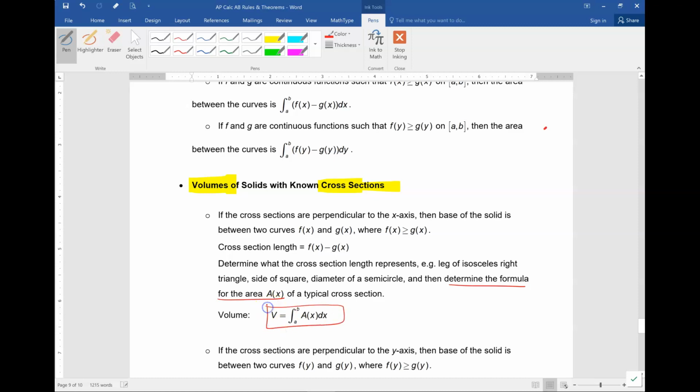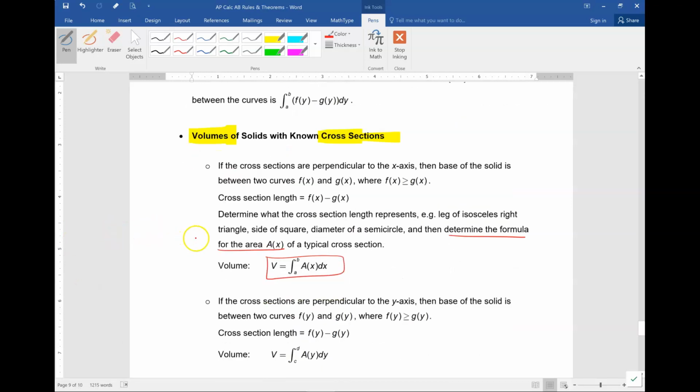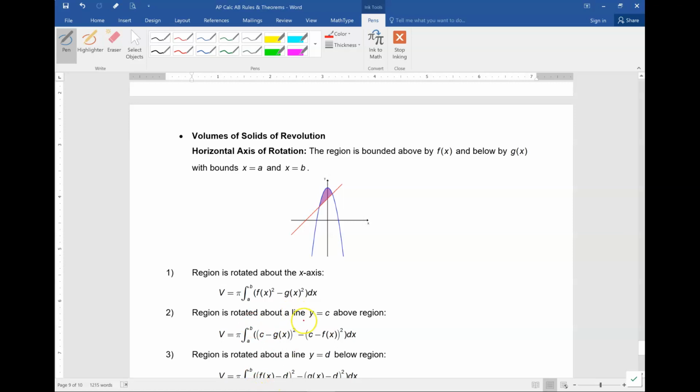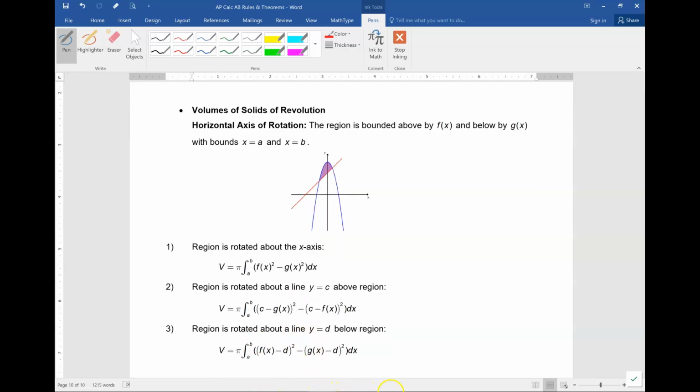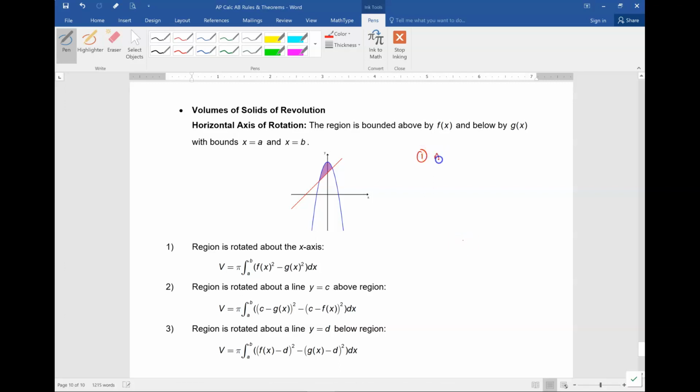Then you integrate the area. If it's solids of revolution, then you have to ask yourself, what is the axis of revolution? So ask, what is the axis of revolution?